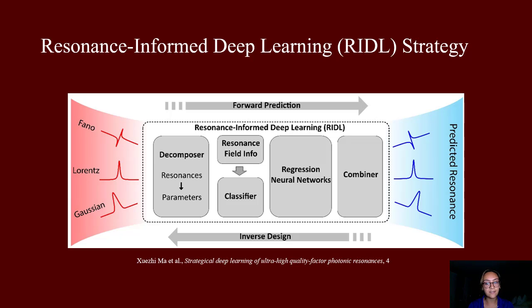This predicted resonance is then combined into predicted spectra with other resonances. And now, inversely, because the algorithm is able to predict resonances in a timely manner, it has better capabilities to perform inverse design. This means it can work backwards to design slabs that satisfy multiple input constraints.